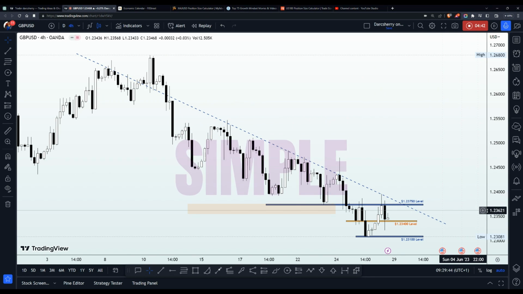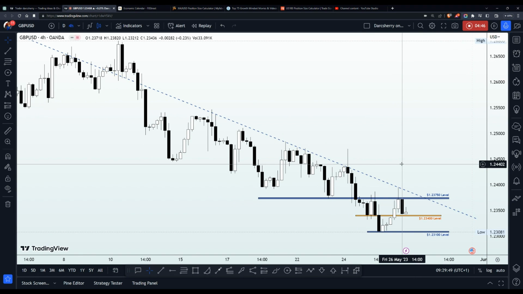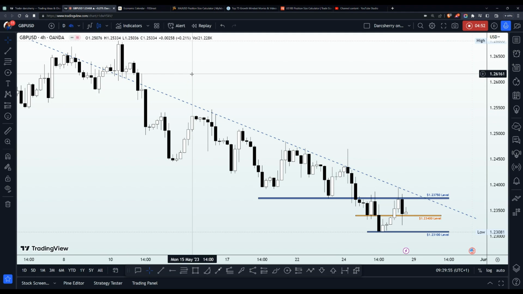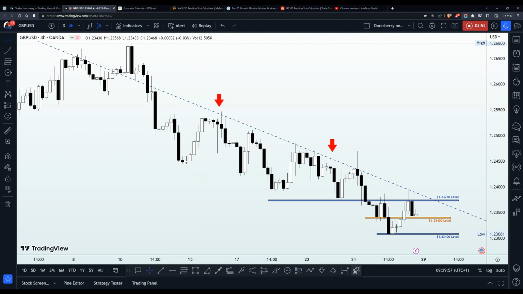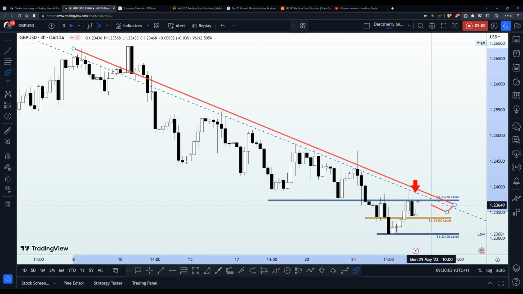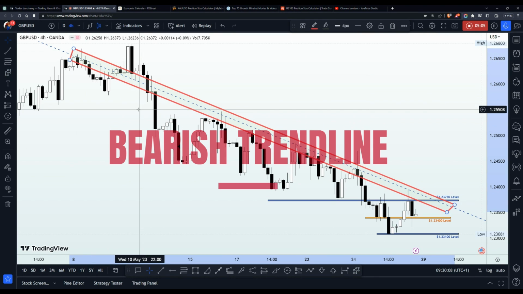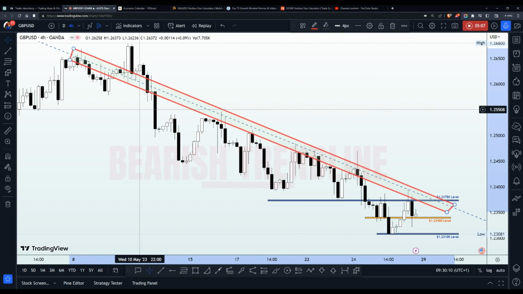I observed price action activity since the beginning of this month, and one obvious fact is that price action has been bearish. To further emphasize the strength of the sellers, I was able to spot and connect the series of lower highs, which gave us this trend line.